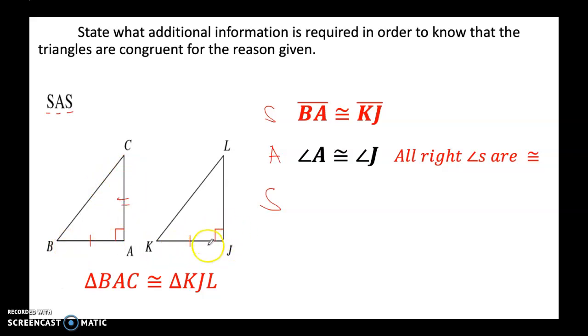And to make angle J included, we need segment LJ. Therefore, segment CA is congruent to segment LJ to determine that the two triangles are congruent using the SAS postulate.